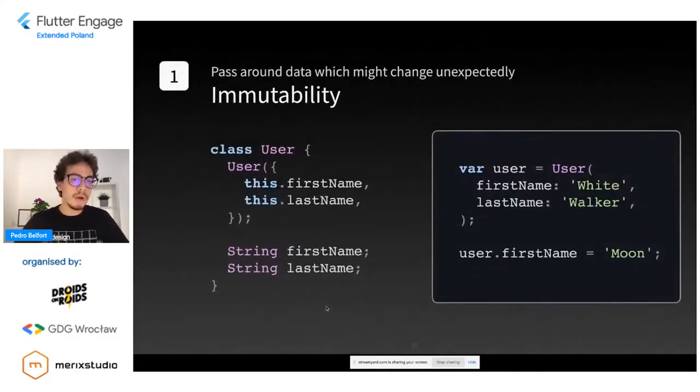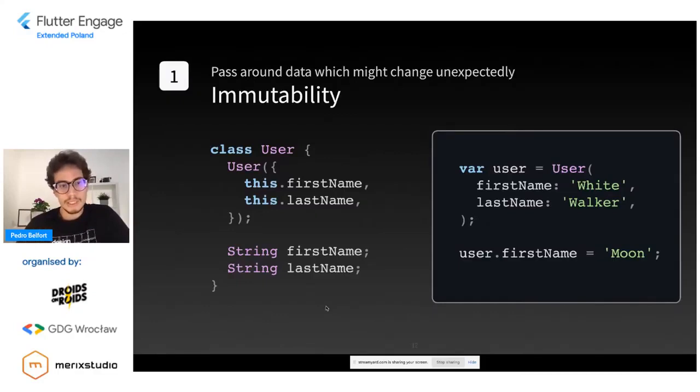Okay, so when we talk about passing around data which might change unexpectedly, this probably rings a bell to many people. How do we tackle this? We are looking into immutability. And thankfully, Dart provides us with a very nice set of tools and keywords to tackle this problem. Let's start with something very simple, just for simplicity's sake.